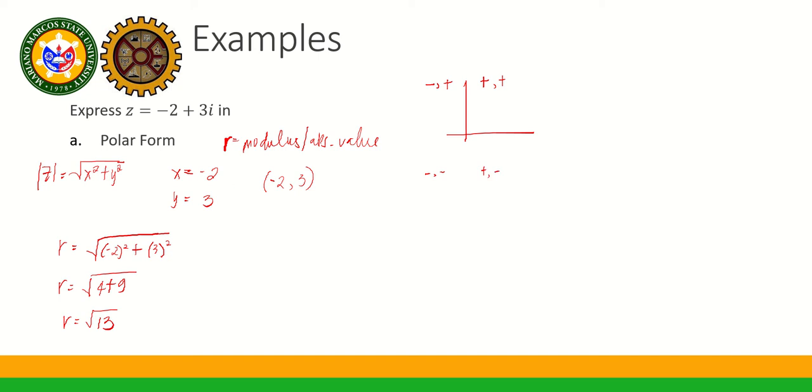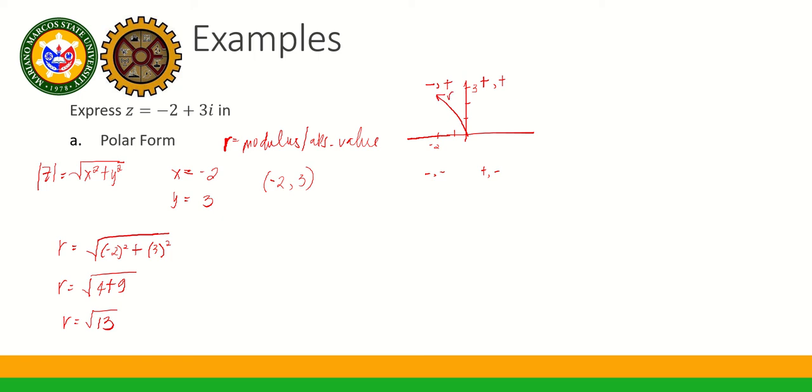So, given our points, nandito tayo sa second quadrant natin. So this is negative 2, and then this will be positive 3. So yung point natin is nandito. Ayan. So this is our r.